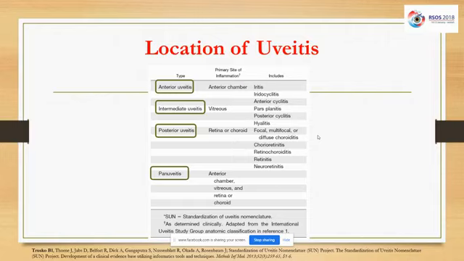Since 2013, there has been very advanced work to standardize the nomenclature of uveitis, and this is related to the location, the management, the response to the treatment, and also the types of the inflammation. So we need to agree on a specific scheme or standardize specific criteria for diagnosis of uveitis.